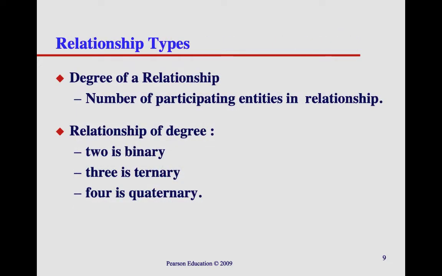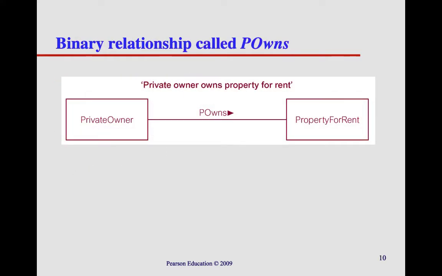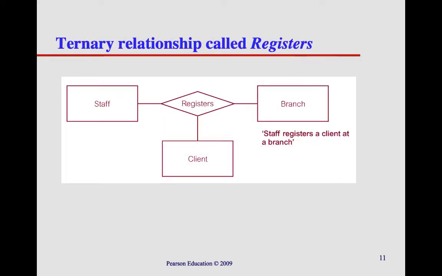Okay? So we talk about the degree of a relationship as the number of entities participating in the relationship. Okay, so it could be binary, ternary, quaternary. Here's a binary relationship. It's only between two entities. So a private owner owns properties for rent. Here's a ternary relationship.